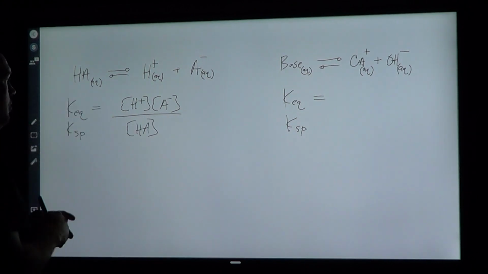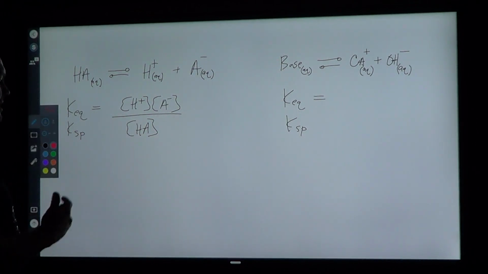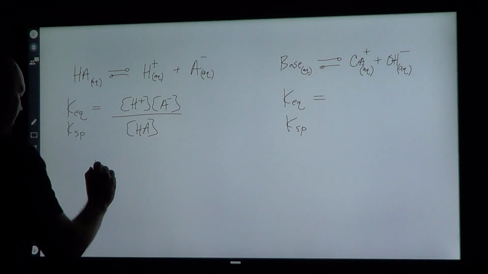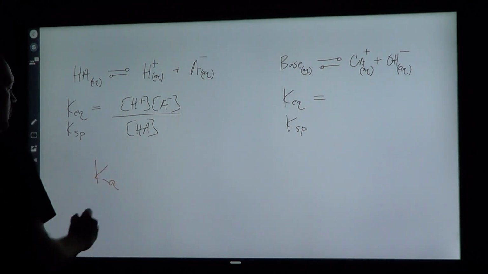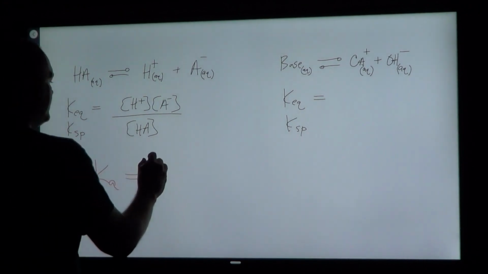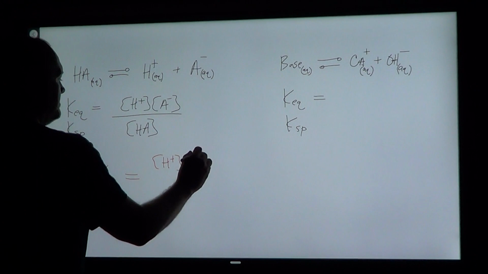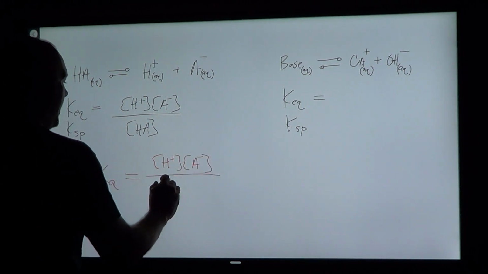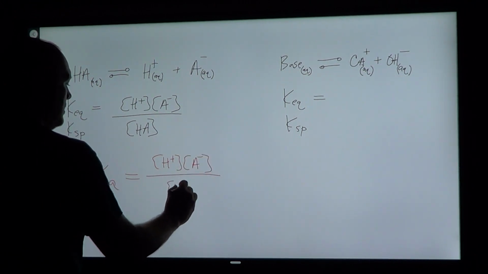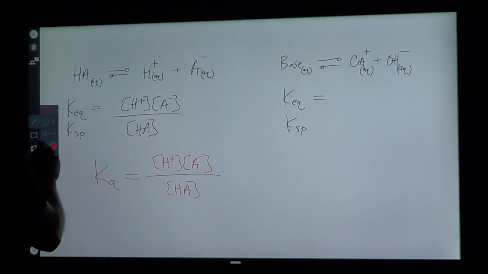Notice how it's aqueous. Because this is such a special K value, we give it its own symbol. Ka is always the H plus concentration times the anion concentration divided by the weak acid concentration.